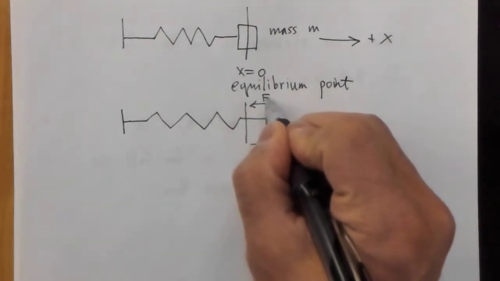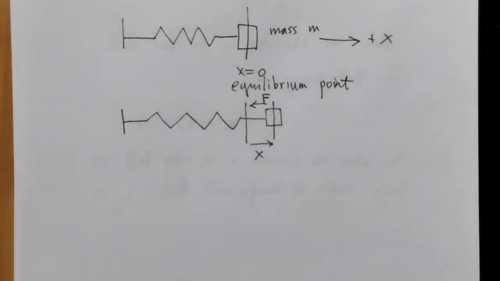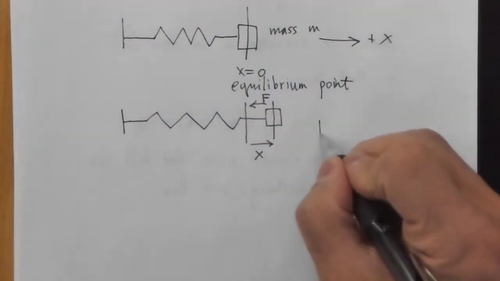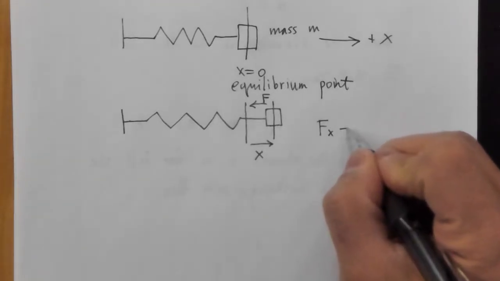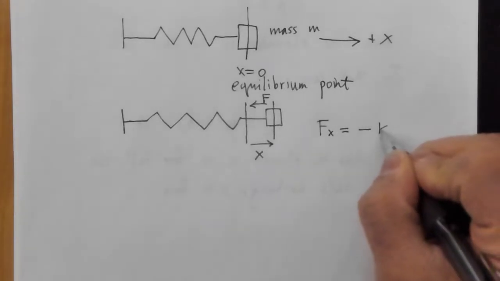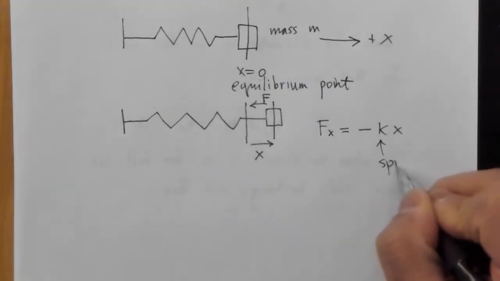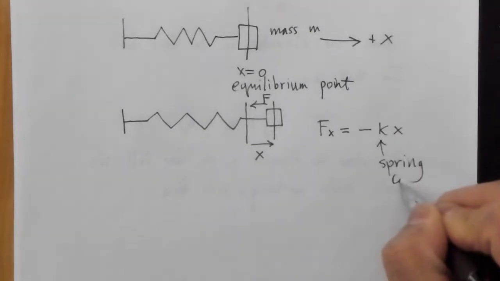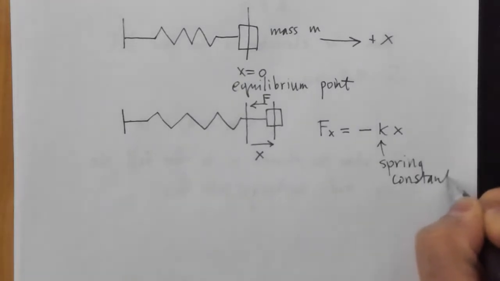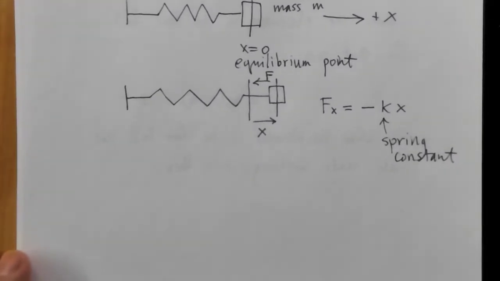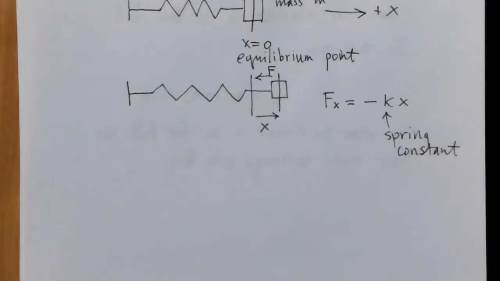That would be the force F. Sorry, I ran out of space a little bit here. And the x component of this force will have a minus kx, where this k is the spring constant. Questions about this?